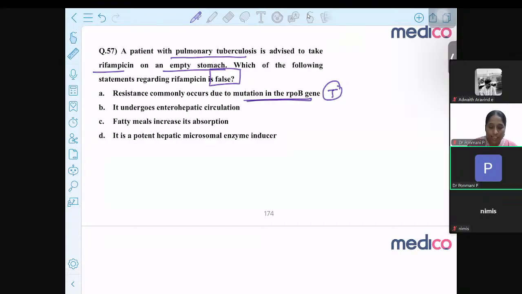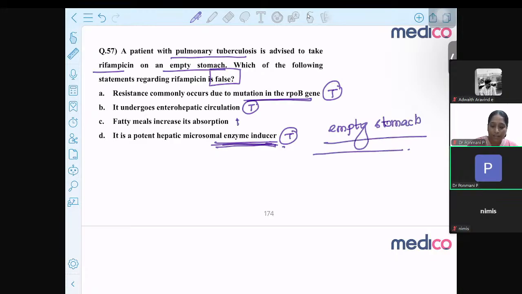And of course, it undergoes enterohepatic circulation. And it is a potent microsomal inducer. Just now we saw, okay? And the one thing also we saw is it has to be taken on an empty stomach because food interferes with the absorption. So the false one is fatty meals increases its absorption. So this is the answer.